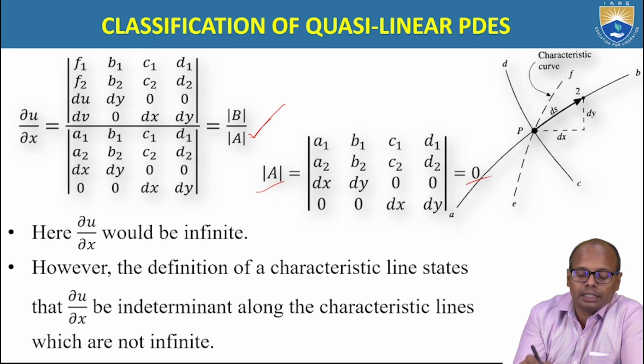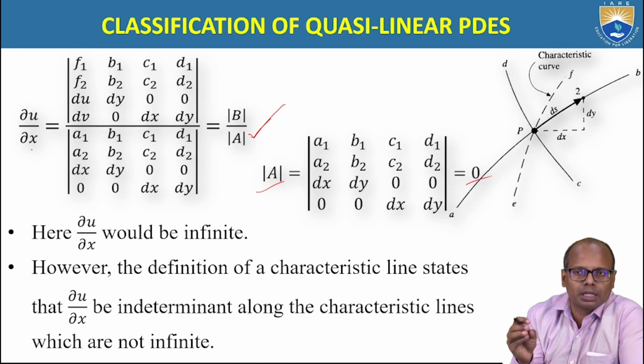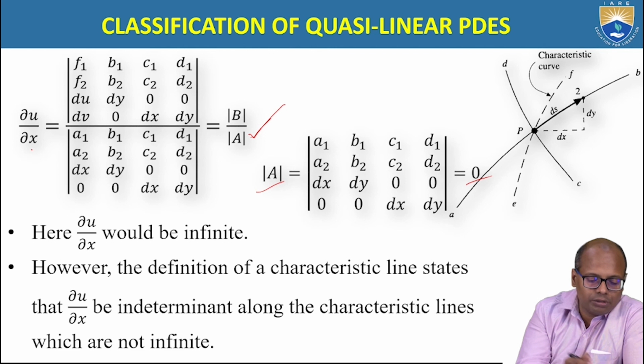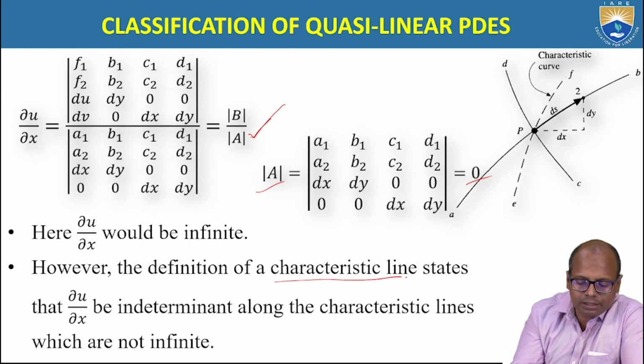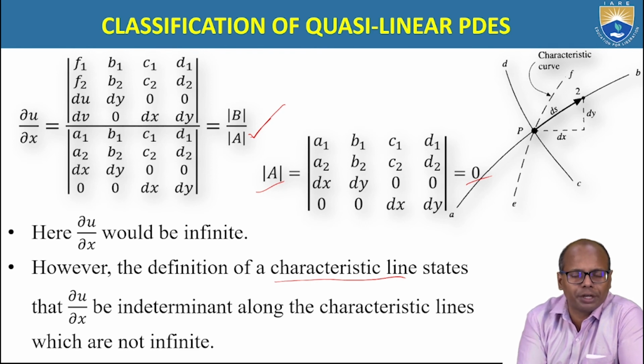If det A alone is 0, I can have an infinite number of curves, but the characteristic lines are of finite number. We cannot have infinite characteristic lines through a particular point.